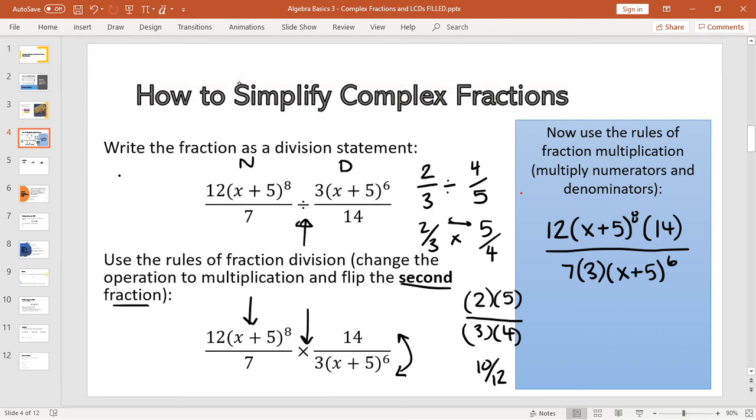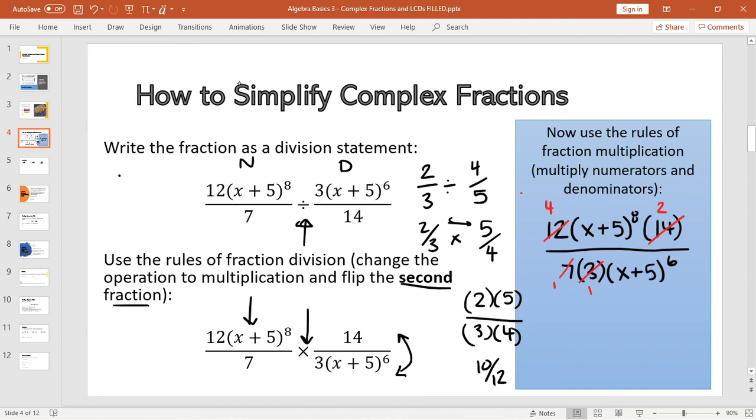And you can combine those all and reduce. I'm going to be lazy because I see some things that are awesome. I see the number 7 and the number 14. So I can reduce 14/7 to 2/1. I see the number 3 and the number 12. 12/3 is the same as 4/1. And all I'm doing there is dividing both numbers by 3. And finally, I see (x plus 5) to the power of 8 over (x plus 5) to the power of 6.